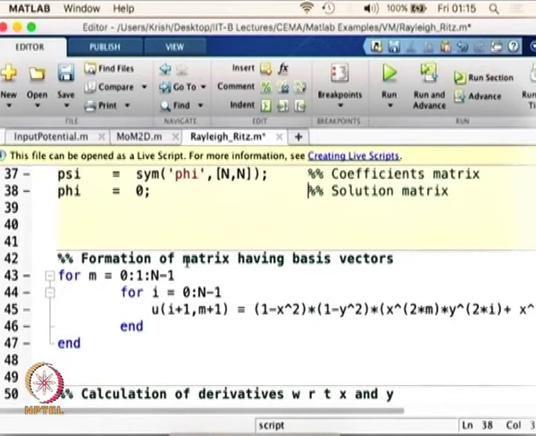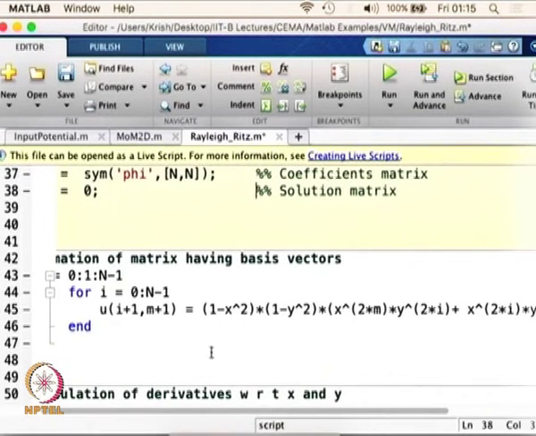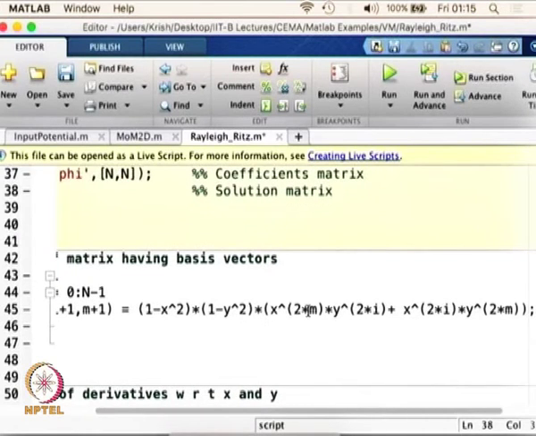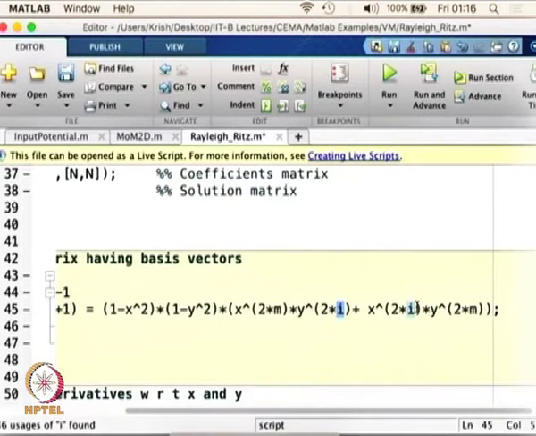So we are forming the matrices based on the equation we have, (1 minus x square)(1 minus y square), x power 2m y power 2I, and we are using I instead of n here because we are using n for a different variable. Wherever there is I, you substitute it in the derivation which we showed before as n.